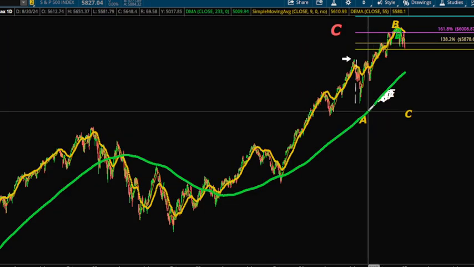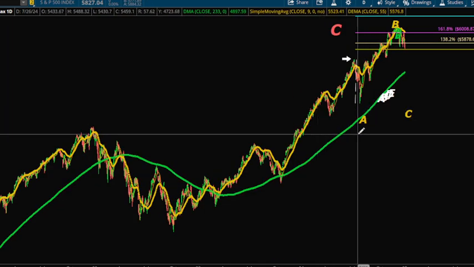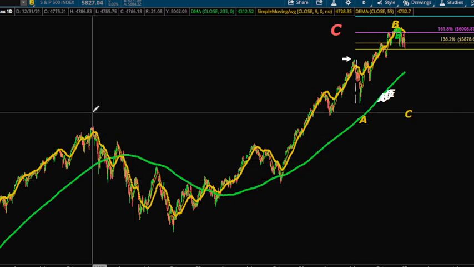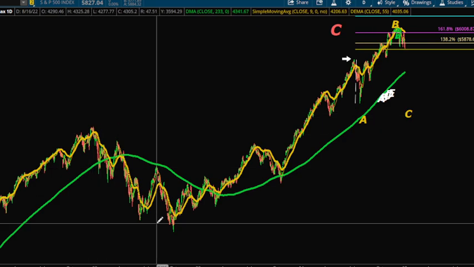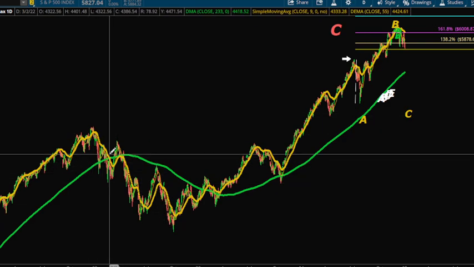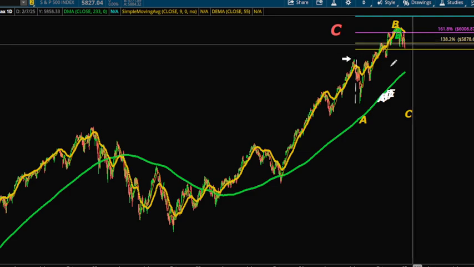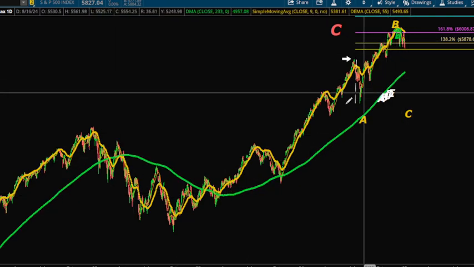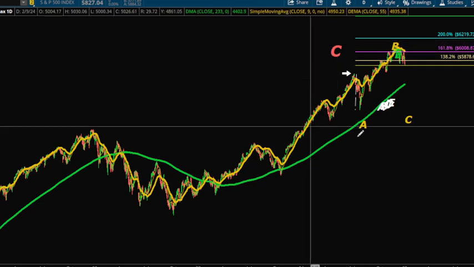So on the S&P 500 index, right here is the January 22 high, and then the sell-off here. This is real important because this is what I'm basing this move up off of, but we'll come back to that. Let's zoom in on this section here.